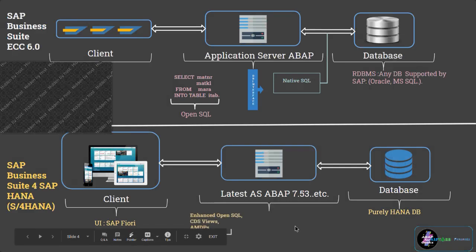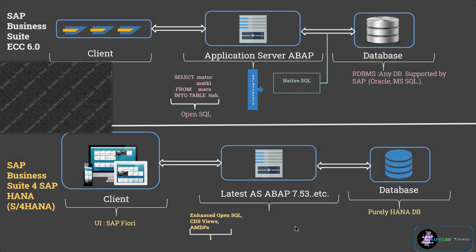Okay. So we have this client, application server, database server. So how does it actually happen here? In order to interact with your SAP HANA database as an ABAP developer, you can do it in 3 ways. If you are developing applications for S/4HANA, do not just go for module programming.